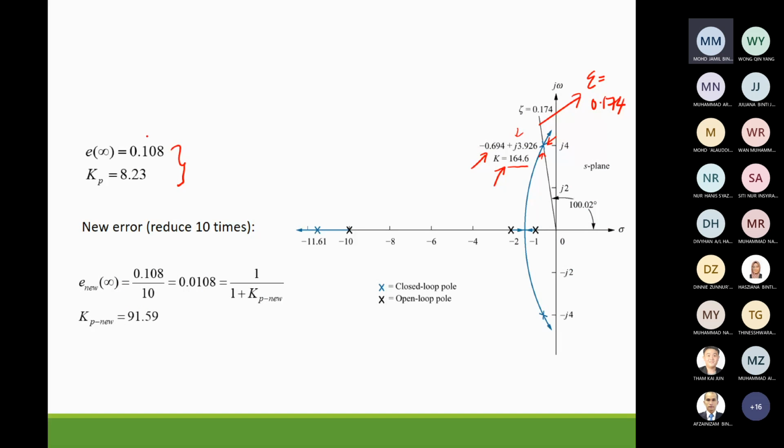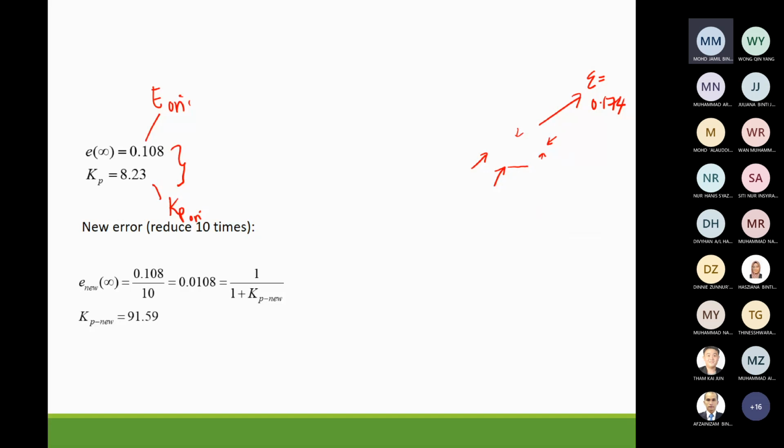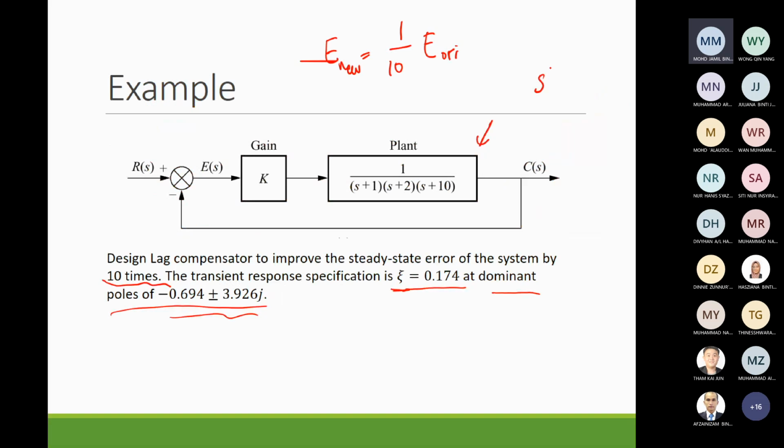So this is the error of the original system, and this is the Kp of the original system. Why Kp? Because the system is of type 0. For a type 0 system, you have steady state error when you apply a unit step input, which gives Kp. But if you have Kv and Ka, then you don't have error.